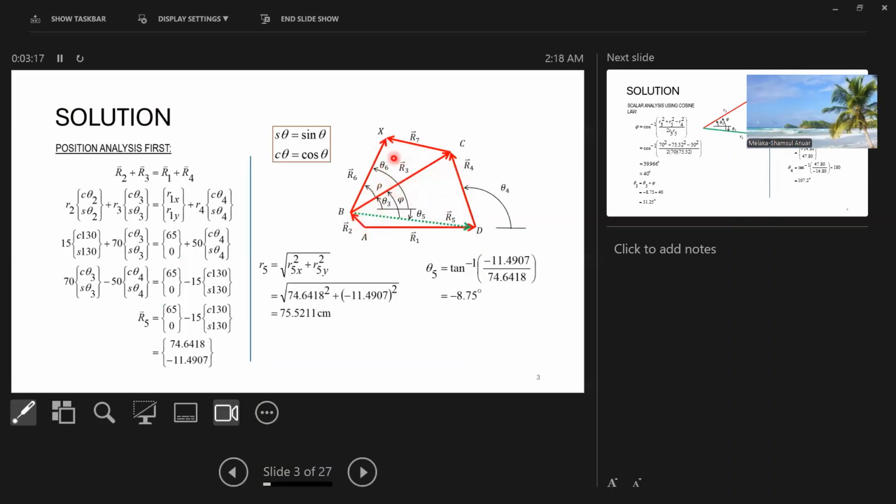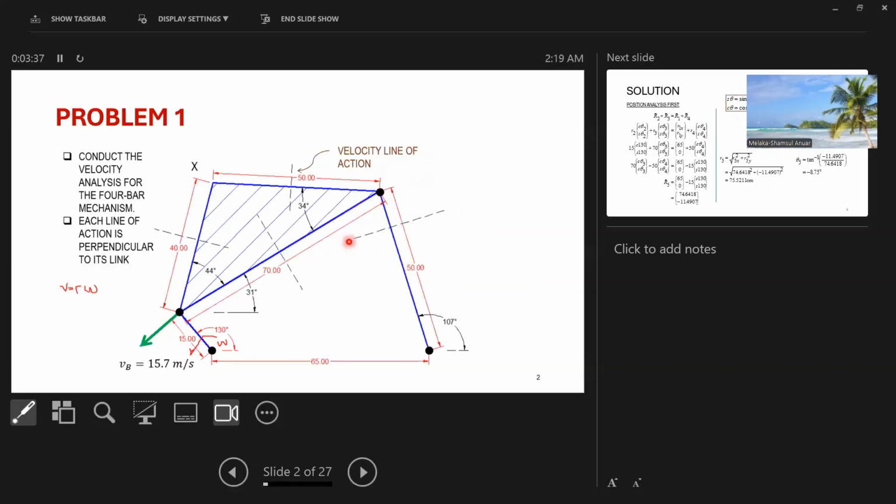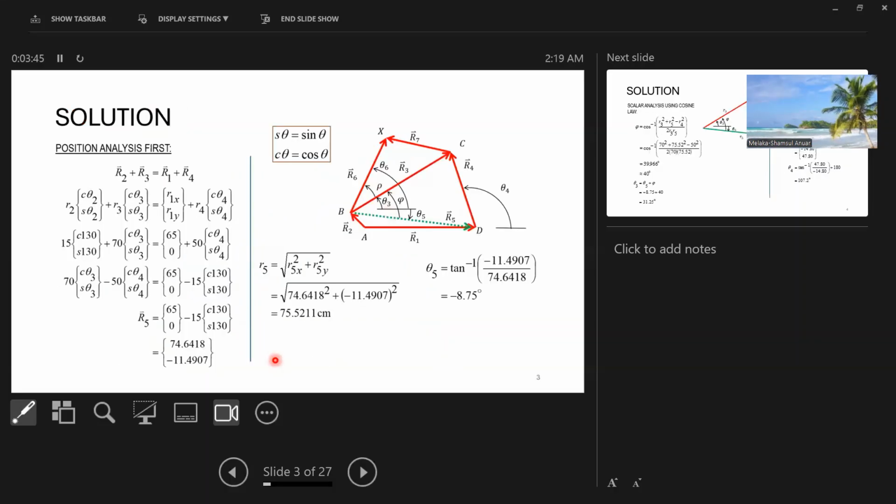You have the extension over there, you get to X, but don't worry about that first, because in order to solve for a lot of things, such as theta 6, you're going to need theta 3. That is actually not known yet, but in the graphical solution here it is already given. Actually, you can do it with AutoCAD and get this very, very easily.